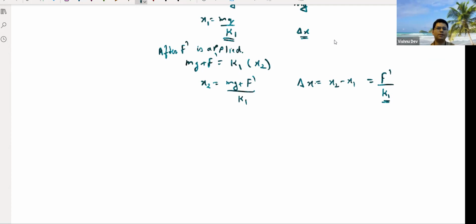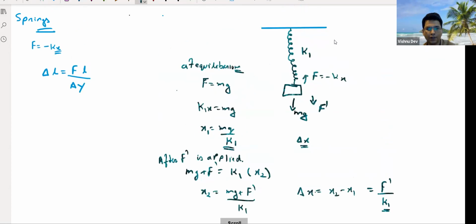Anyone have any issue with this? Raise your hand. Okay, no issues. This is basics. I'm not talking about any concept of stress and strain now. This is just one basic concept of Newton's laws of motion.